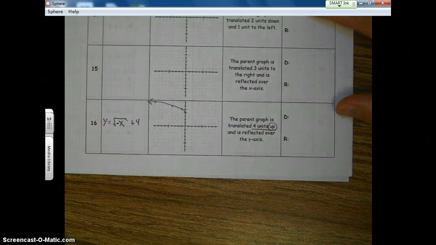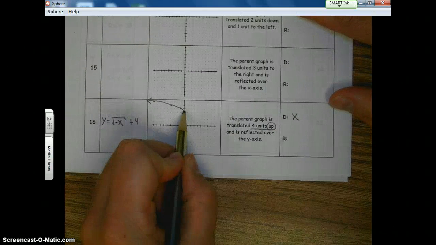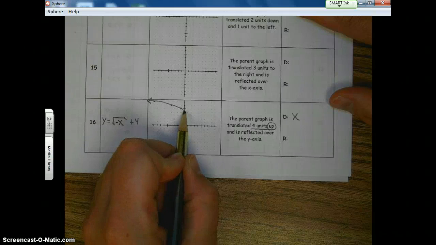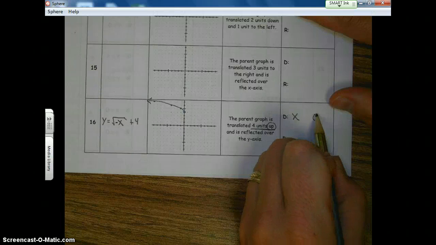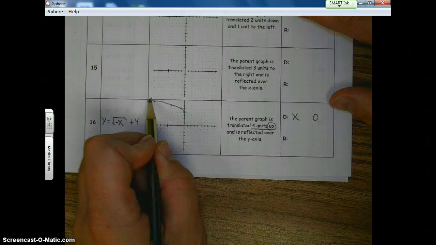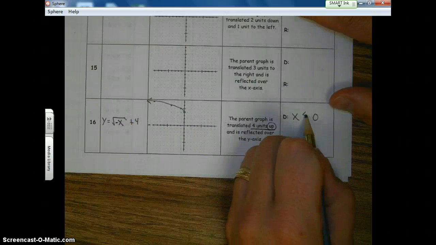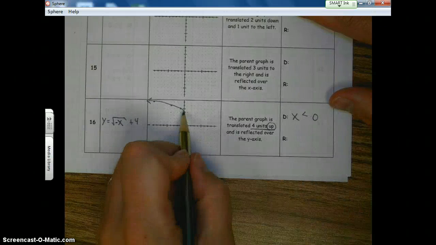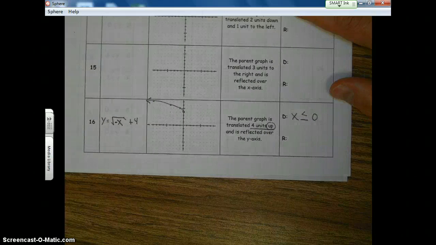Okay. Domain is x. Domain value from this point right here, domain value is 0. Domain is getting smaller because we're going to the left, so less than. And it's a closed dot, so equal.